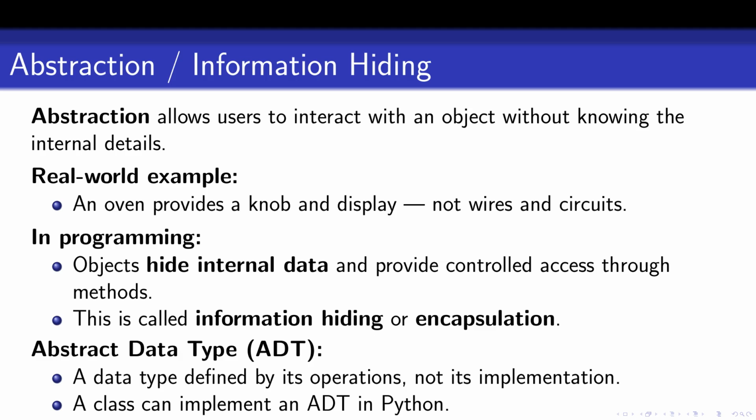A core principle of object-oriented programming is abstraction, the idea that users interact with an object without needing to understand its internal workings. Consider an oven. You interact with its dials and display, not the wires and heating coils inside. In programming, this is called information hiding or encapsulation. Objects expose public methods and hide internal data, protecting implementation details from external interference.